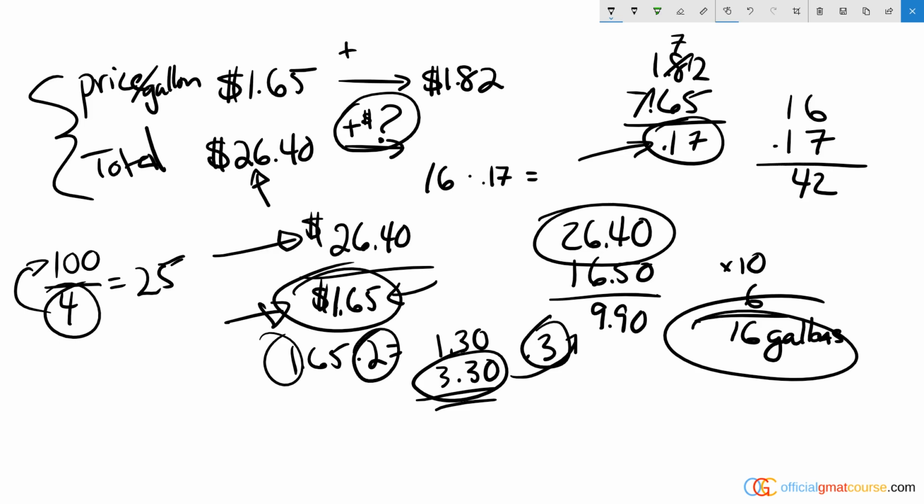Then we have 1 times 16, which gives us $1.60. And then we have 7 times 10, which gives us 70. And that gives us $2.30 plus 42 cents, $2.72. So our solution here is $2.72, answer choice D.